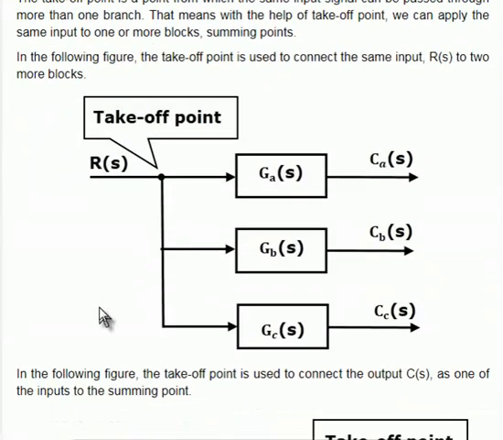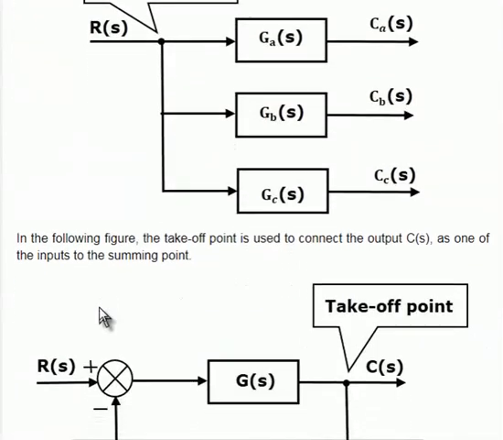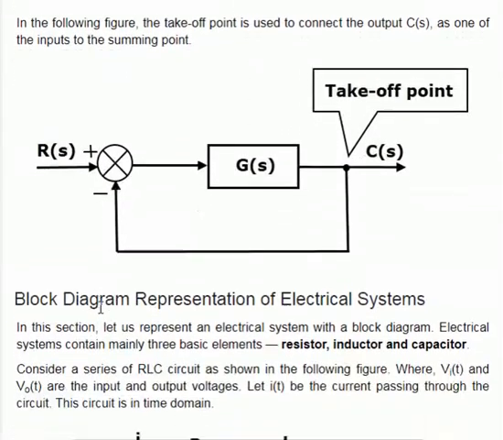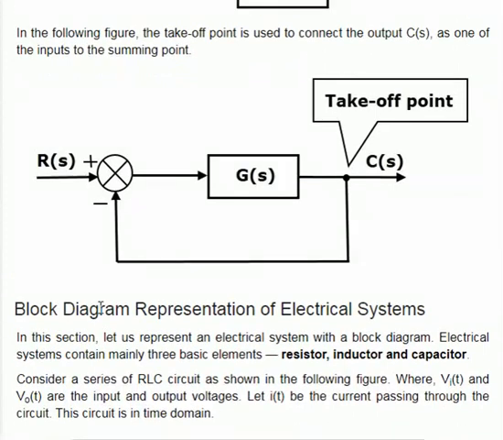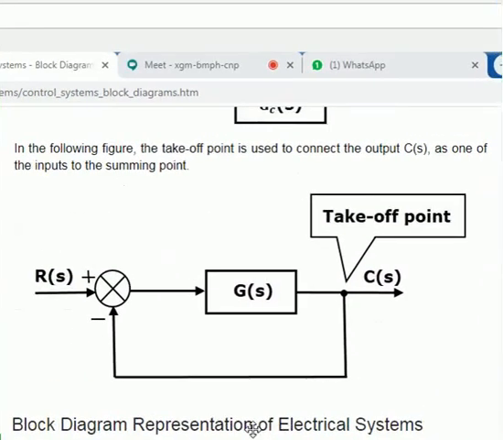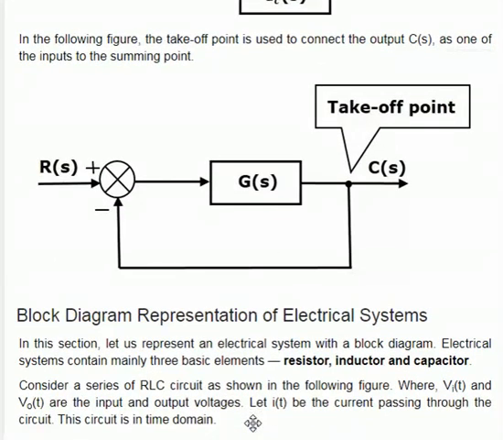Next, here we can see this figure. In the following figure, the takeoff point is used to connect the output C of S as one of the inputs to this summing point.